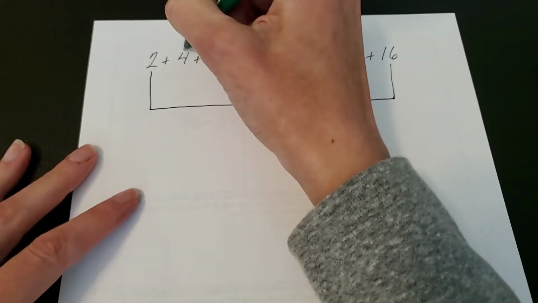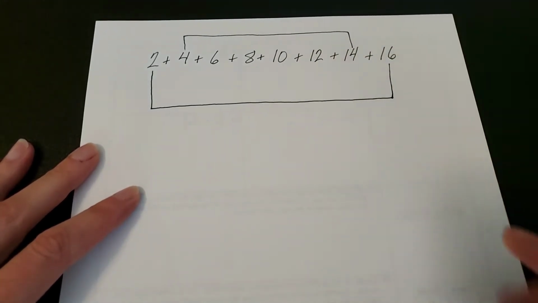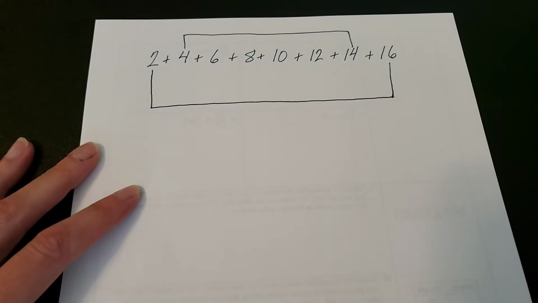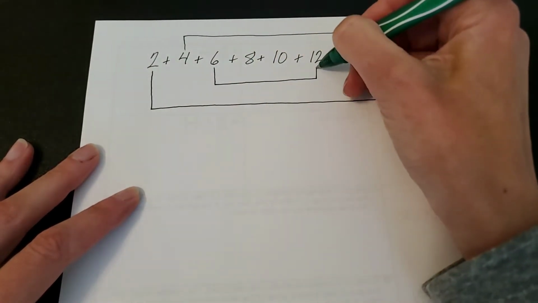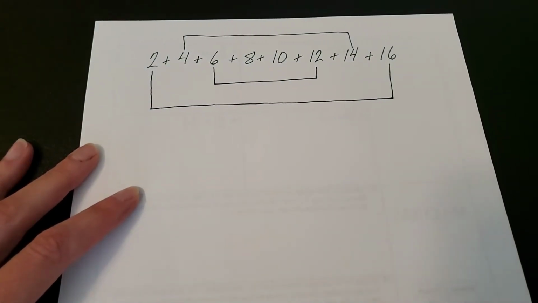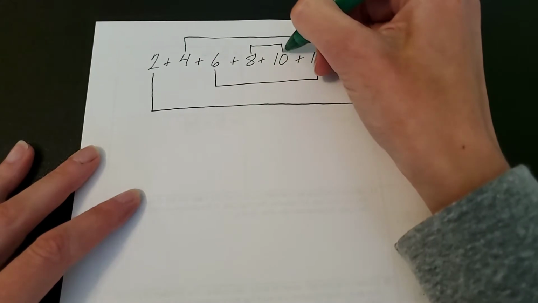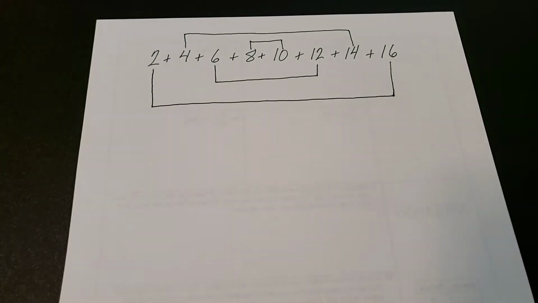Well, look, if I add the next 2 terms, isn't 4 plus 14 also 18? And isn't 6 plus 12 also 18? And 8 plus 10 also 18.